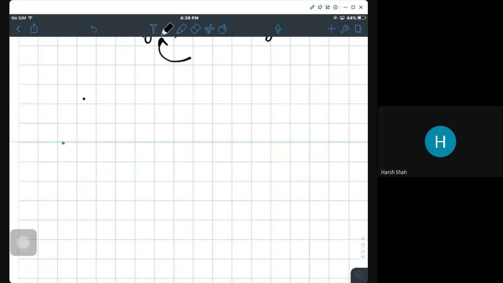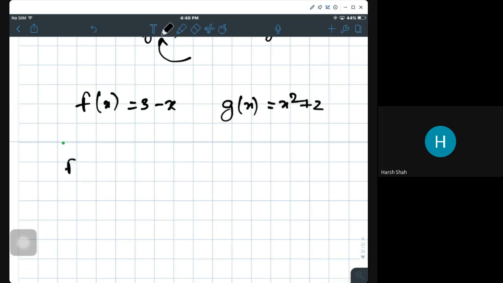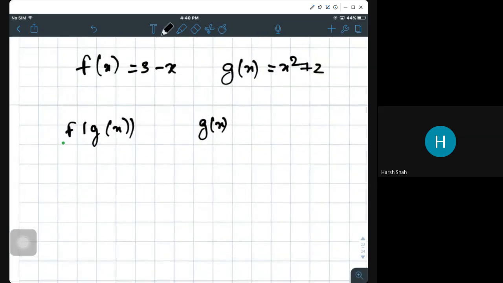Let's say I have f(x) as 3 minus x, and g(x) as x squared plus 2. I want to find f of g of x. First I find g(x), which is x squared plus 2.